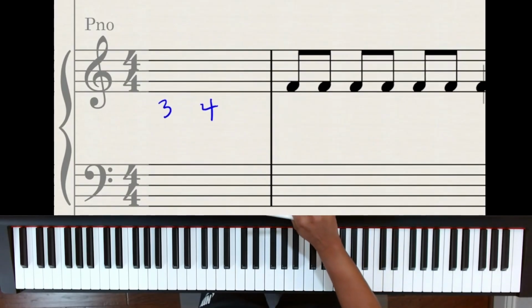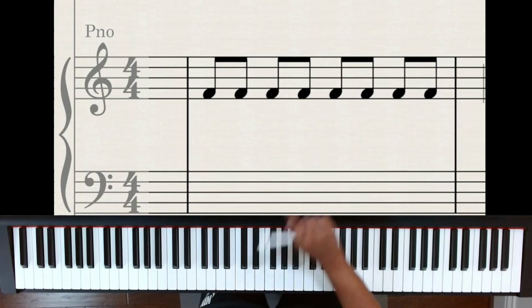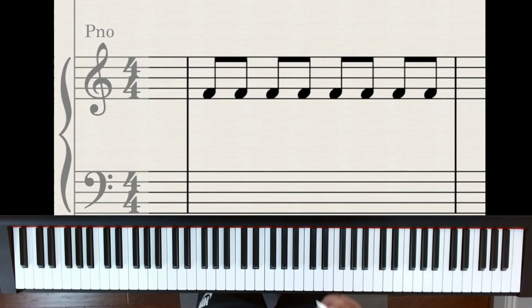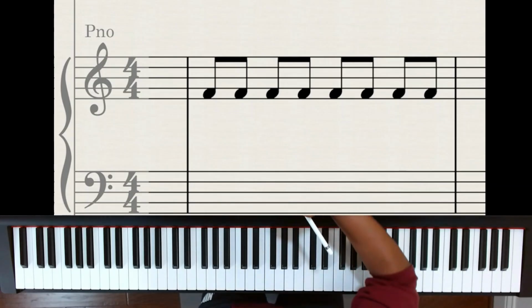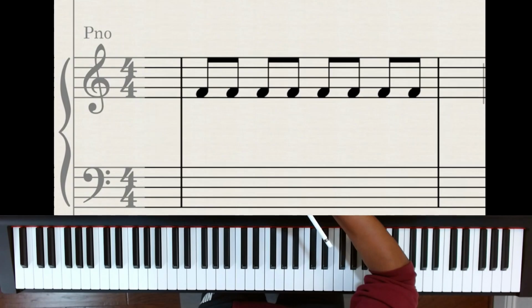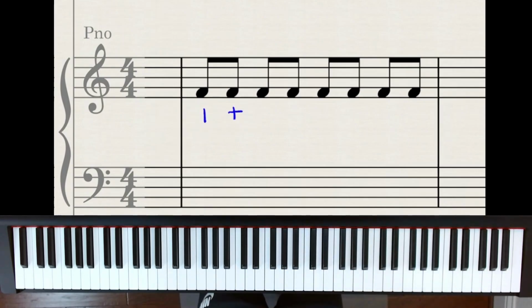Okay, and our last example here is eighth notes. An eighth note is equal to half of a quarter note, so we have to play two eighth notes within one count. The way we want to count this is our first set of eighth notes is going to be 1 and, okay?